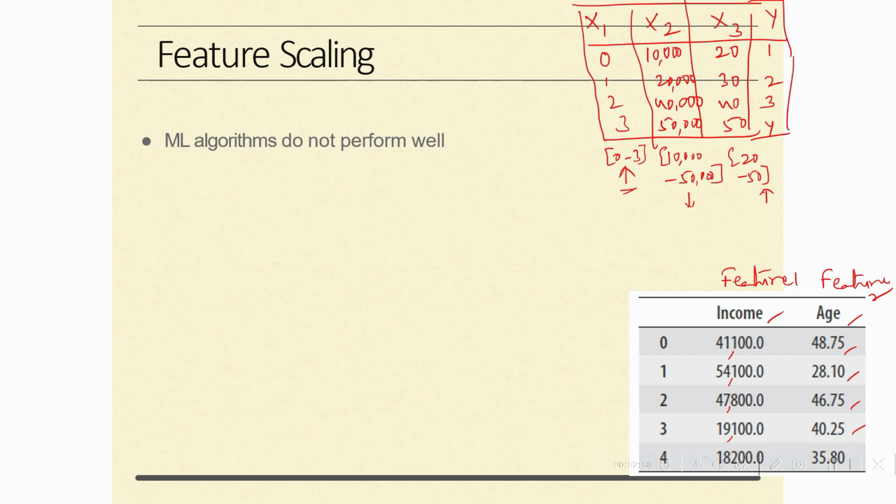In order to avoid that, we apply a concept called pre-processing. In machine learning, the first step is pre-processing. In pre-processing, there is one more step called feature scaling.